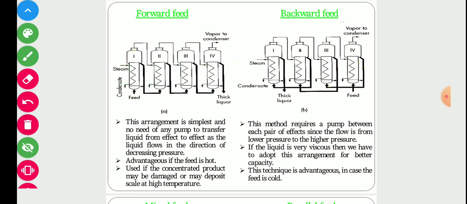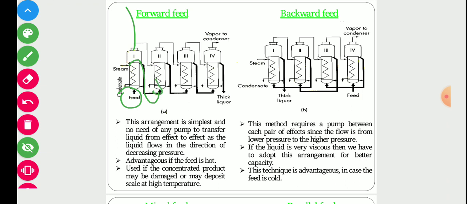And as far as our main solution is concerned, we give feed to the first unit. This feed is partially vaporized and releases vapor, and the concentrated solution is fed into the second unit.